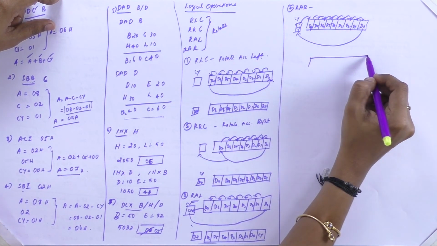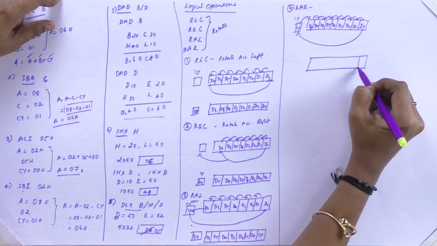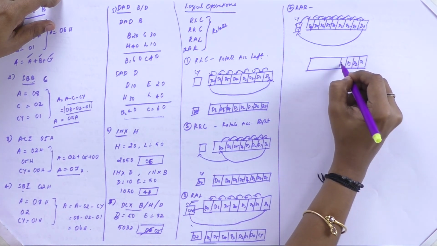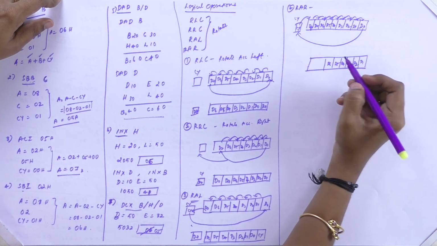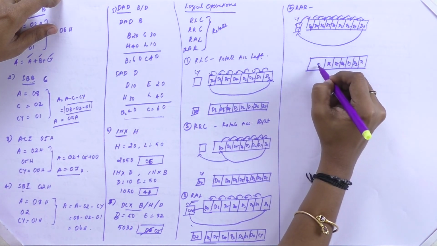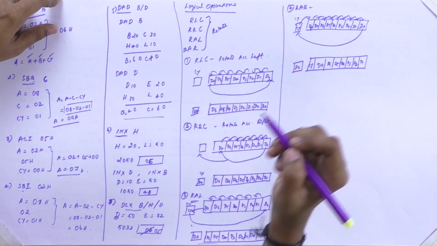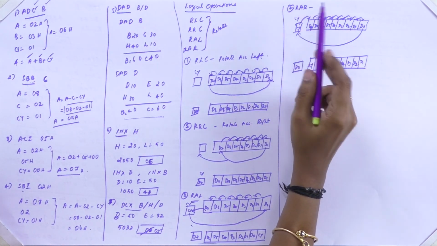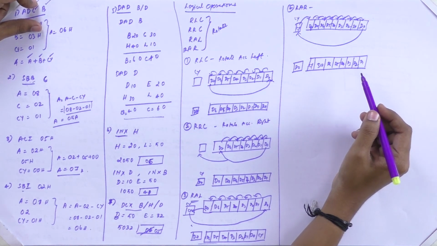So the corresponding position of the bits after execution of this RAR will be D0, D1, D2, D3, D4, D5, D6, D7, carry flag, and here in the carry flag D0 will be stored. So this is the position of the bits after execution of RAR. So these are all the 4 types of rotation operations.